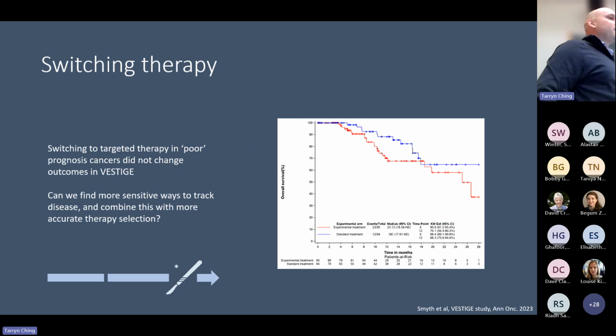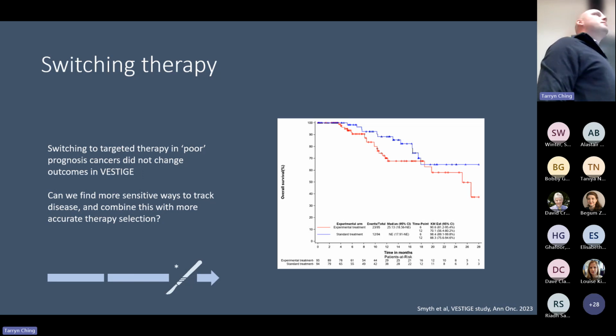Okay. Our next point where we could consider changing things is just before surgery. Can we adjust what we do after surgery to try and achieve cure in people who haven't quite got the result we want pathologically from the resection? That's recently been published in the Vestige trial, which was run by Lizzie Smith, one of the new oncologists in the trust here.